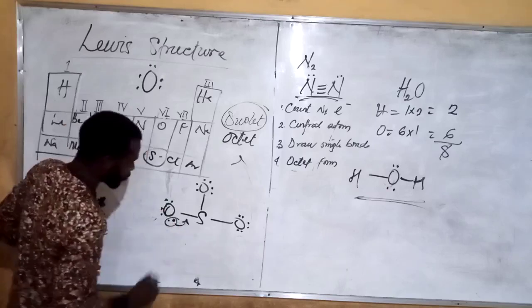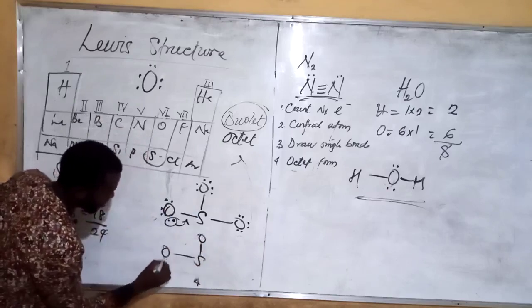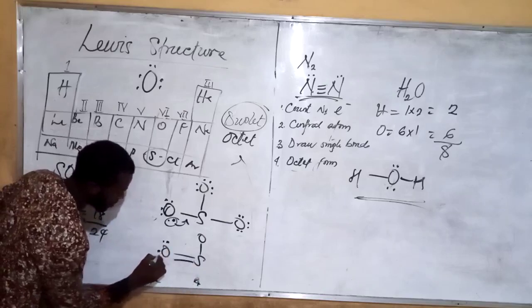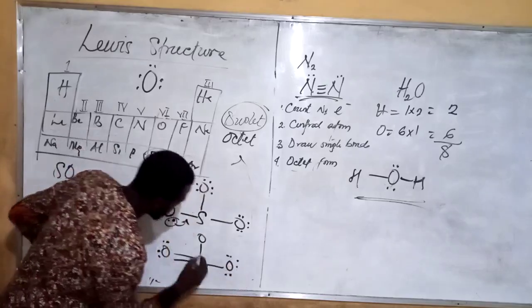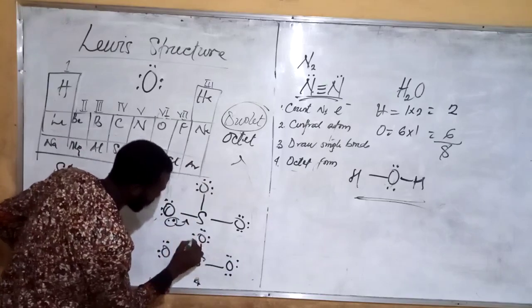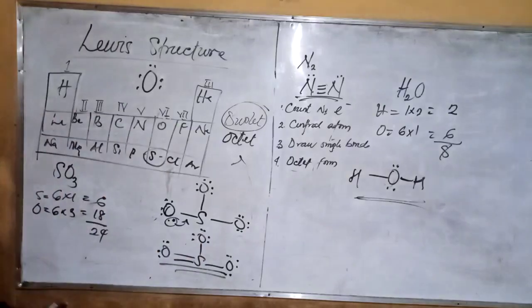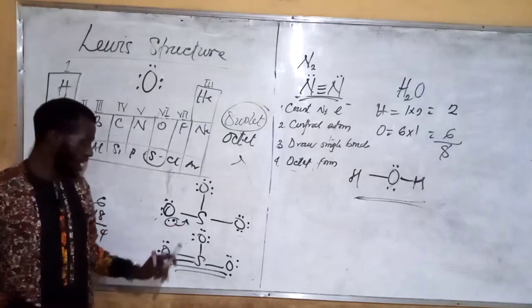And when that happens, we're going to have the resonance structure like this. A double bond, and then this is going to be 1, 2, 3, 4, while the other guy is going to have 1, 2, 3, 4, 5, 6, and 1, 2, 3, 4, 5, 6. And this is going to be the resonance structure of SO3. So you see what I did here? I basically brought these 2 electrons here, and then we have this.